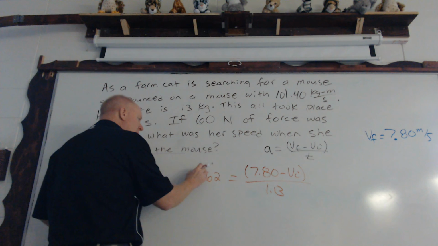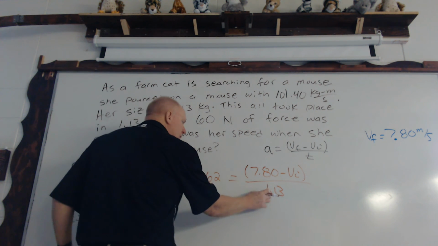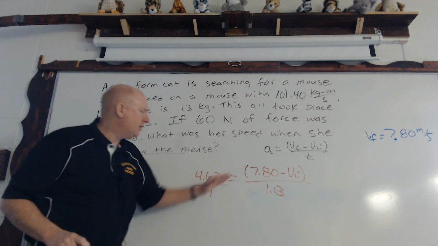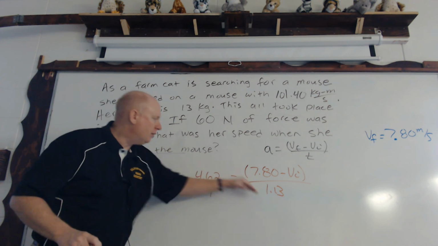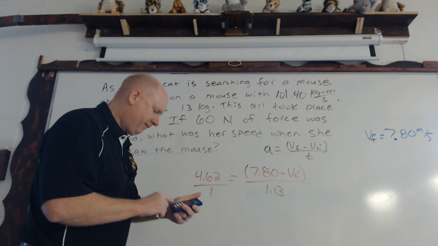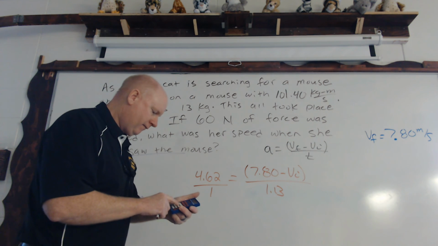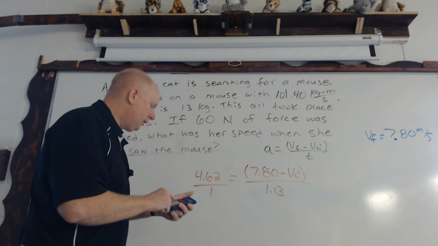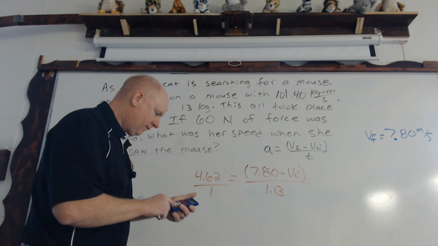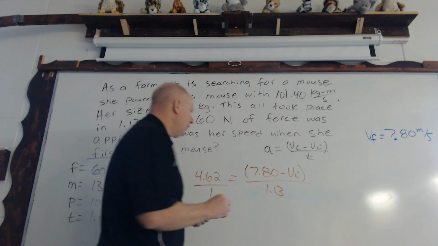And upon doing that, 4.62 times 1.13, again, we're just cross multiplying here, these two numbers, and then those two times each other. So 4.62 times 1.13 gives us 5.22.